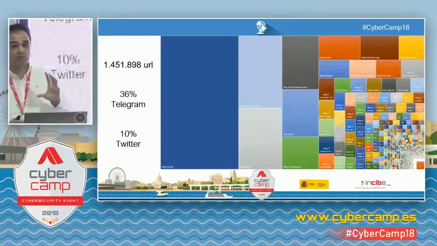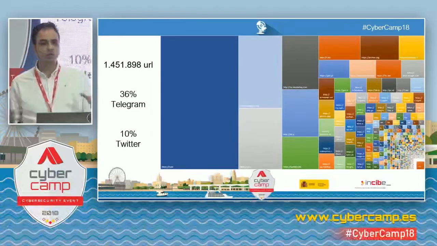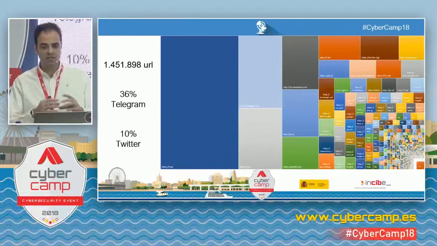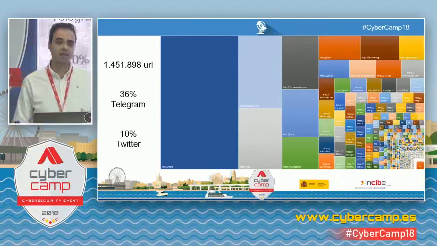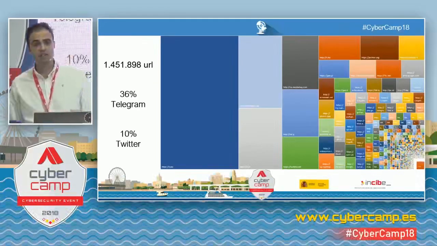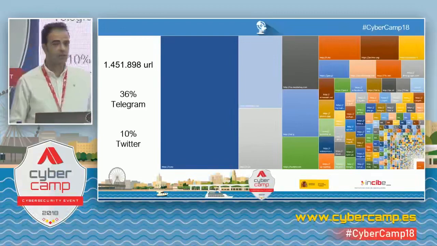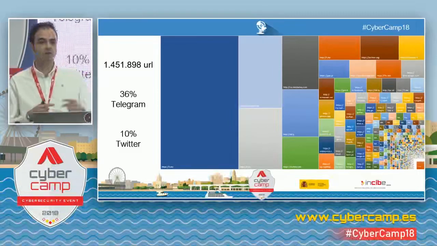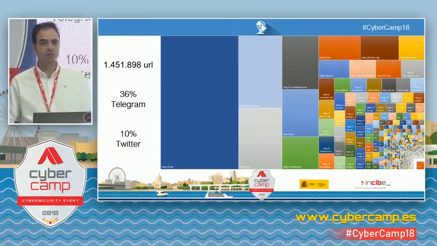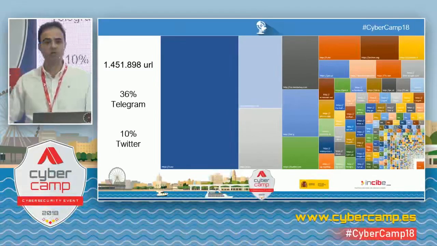So, in my opinion, this zero zone for dissemination means that all the contents go on Telegram first, and from Telegram they're further disseminated and spread through other channels.